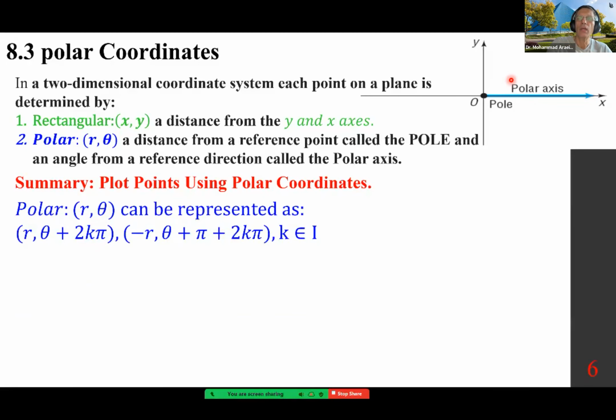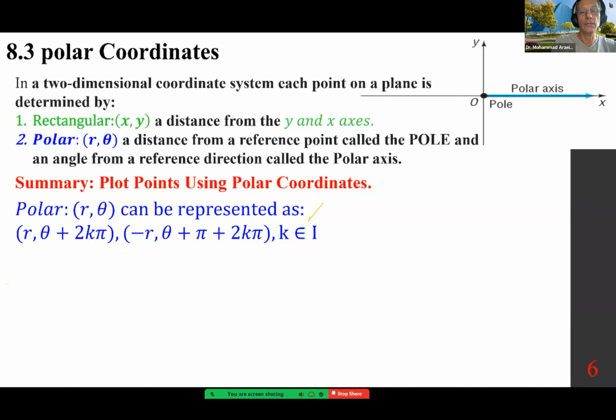In other words, go more revolutions around the pole. A complete revolution is 2 pi, so 2k pi. You may represent r as a negative and then add pi to the angle. When you add pi to this one, then you can also add 2k pi. K is an integer, an element of the integers, and I stands for the integers.